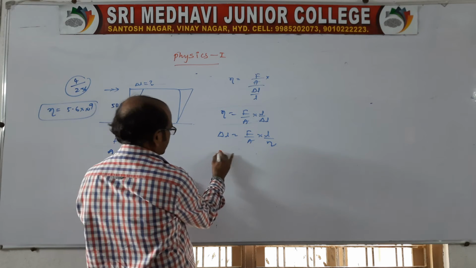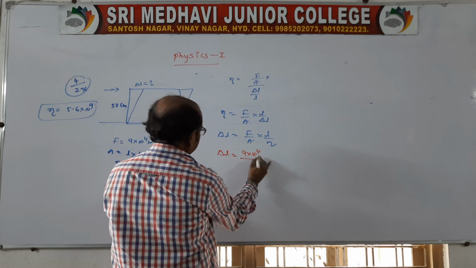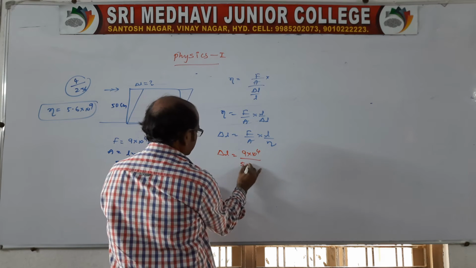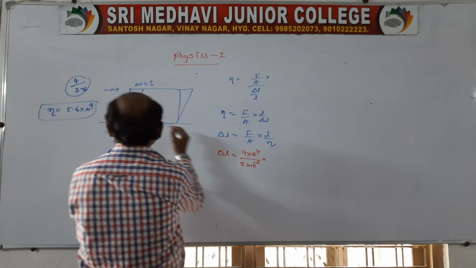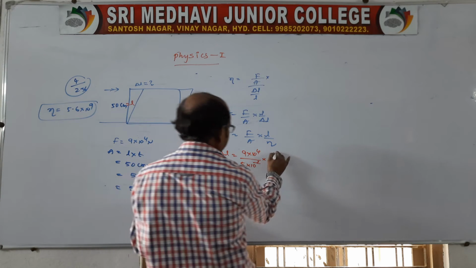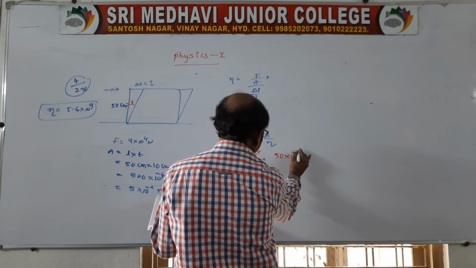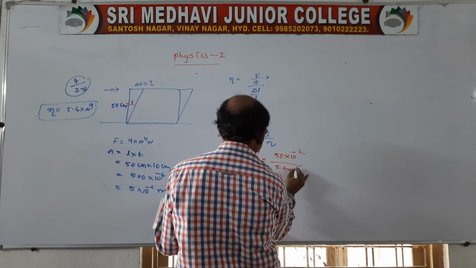You need to substitute here: 9 into 10 power 4 Newton. Area will be 5 into 10 power minus 2. Length is given as 50, so take the length as 50, and since it is in centimeter, 50 into 10 power minus 2. And your shearing modulus is 5.6 into 10 power 9.